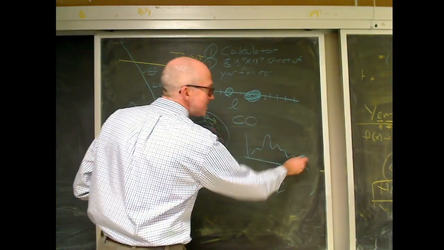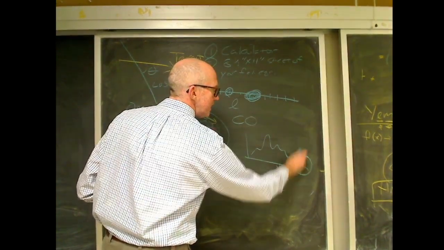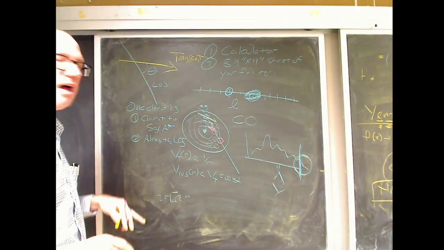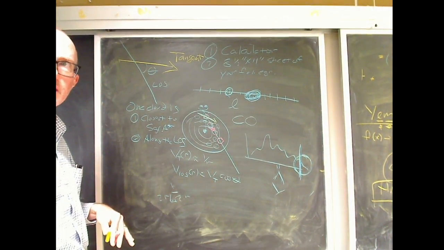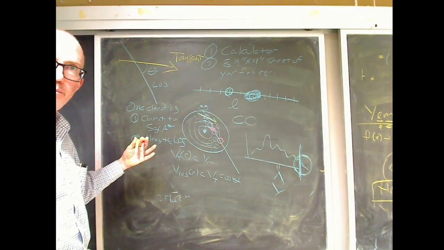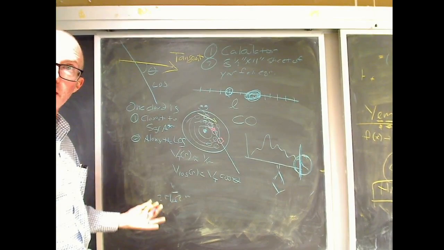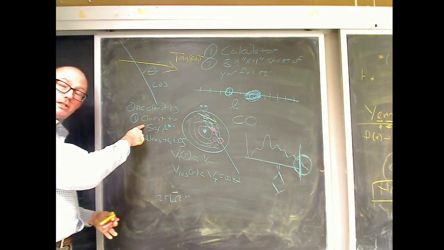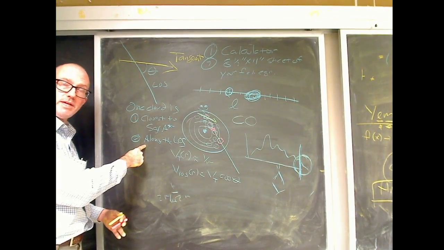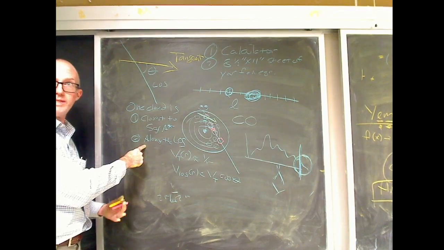So this fastest cloud, this guy up here, I get its position and its velocity by the fact that it's the fastest cloud that I measure. Being the fastest, I know two things: it is the closest to the Sagittarius star, and its velocity is tangent to the line of sight. So I see all the velocity.